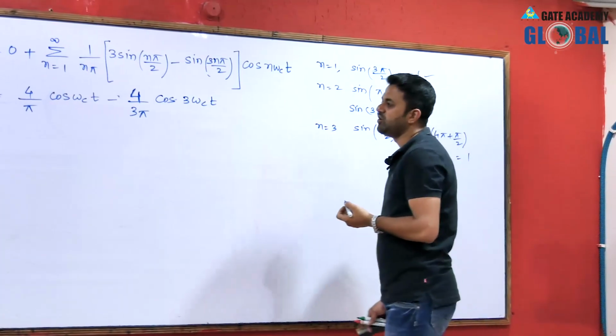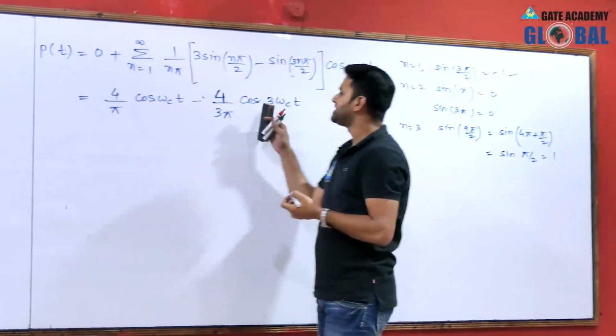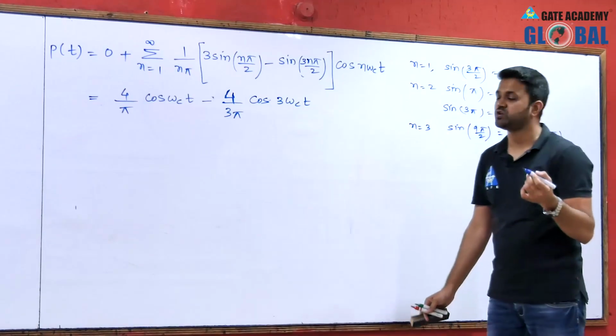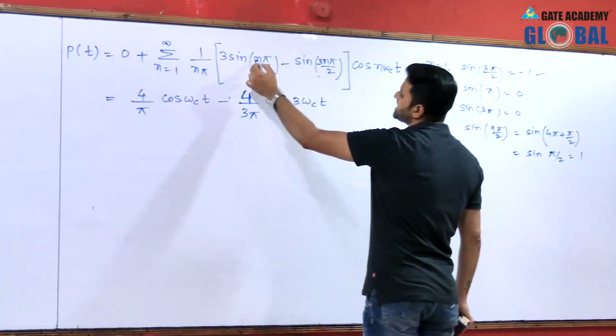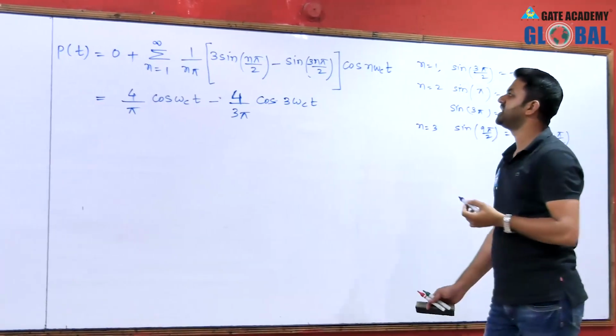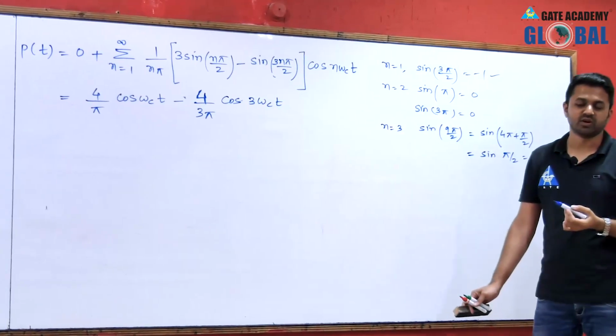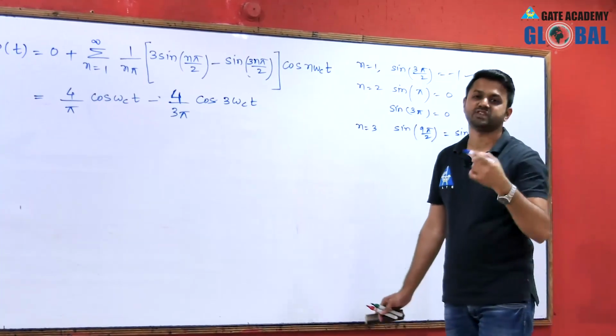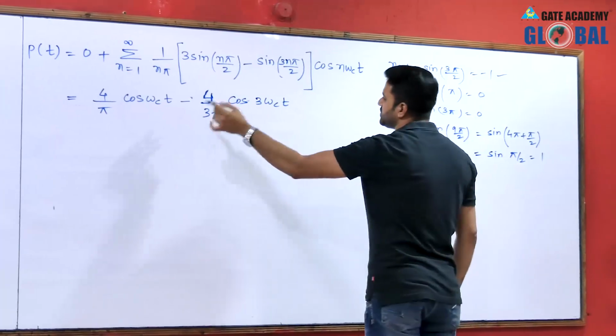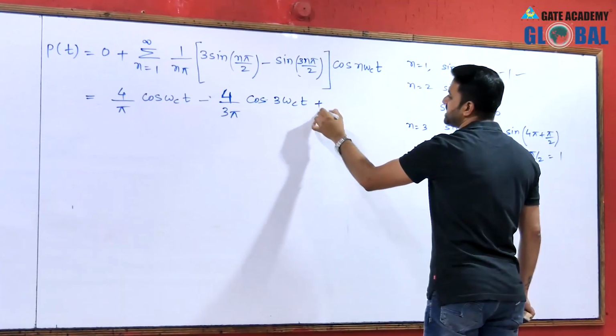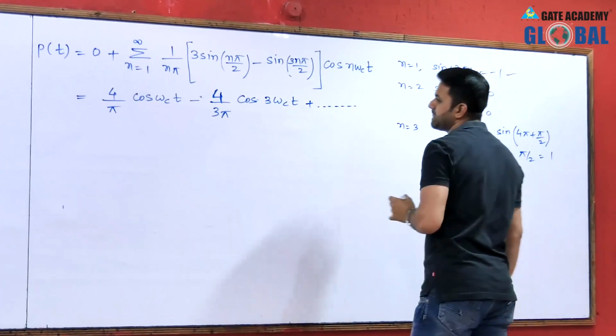It means that we will get only odd harmonics. It is called odd harmonics because 1, 3, and next when we put n equal to 4 we get sin 2 pi, and here also sin 6 pi, so it is 0, since integer multiples of pi give sin always equal to 0. So we get this result with alternate plus and minus.